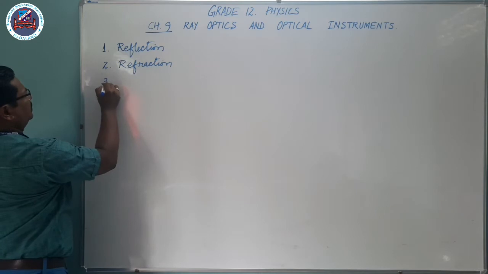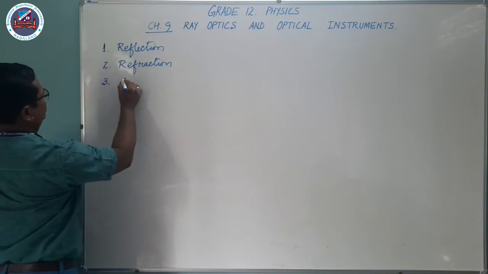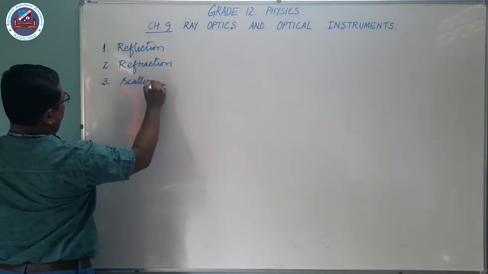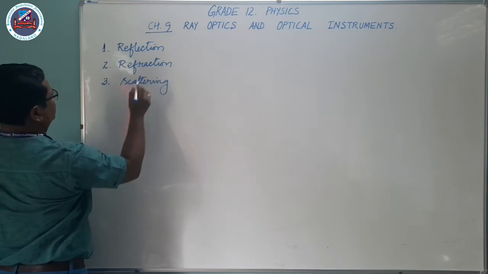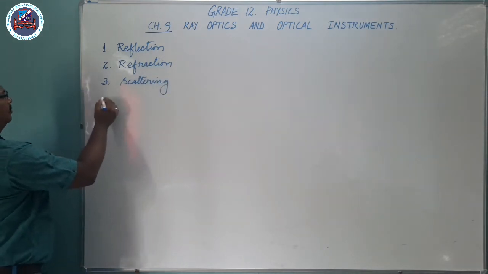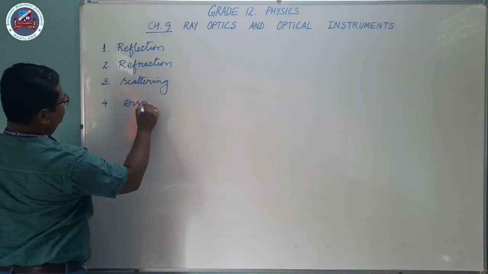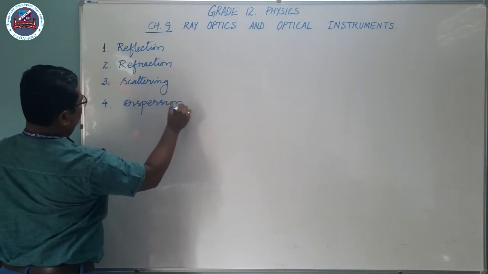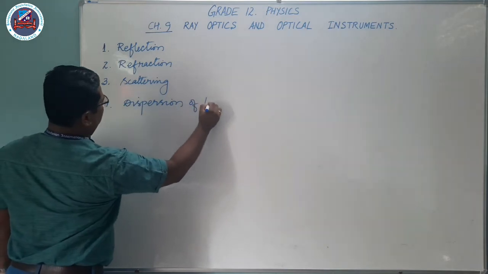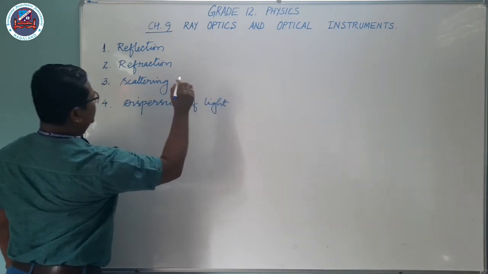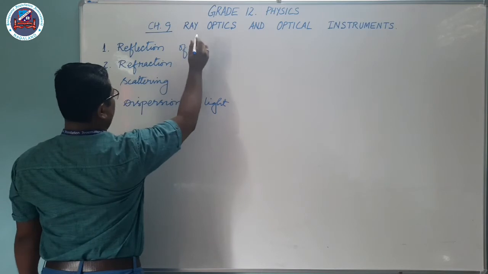The third one we are going to study is scattering of light. And then fourthly we are going to study dispersion of light. These 4 phenomena, we call them phenomena as well.